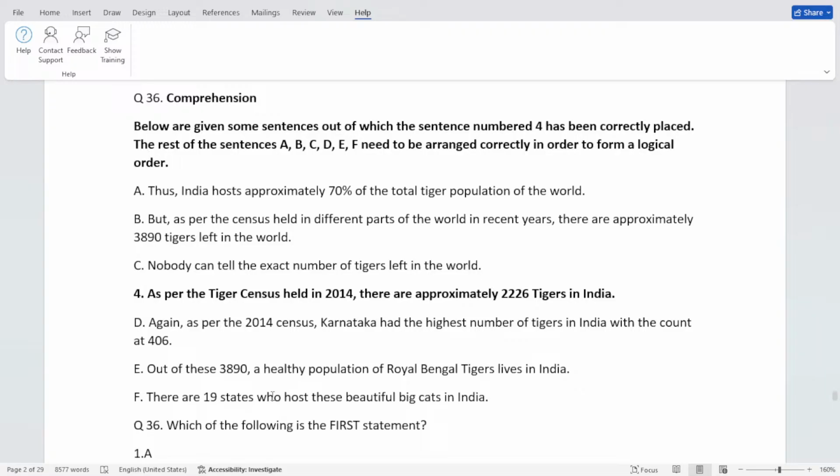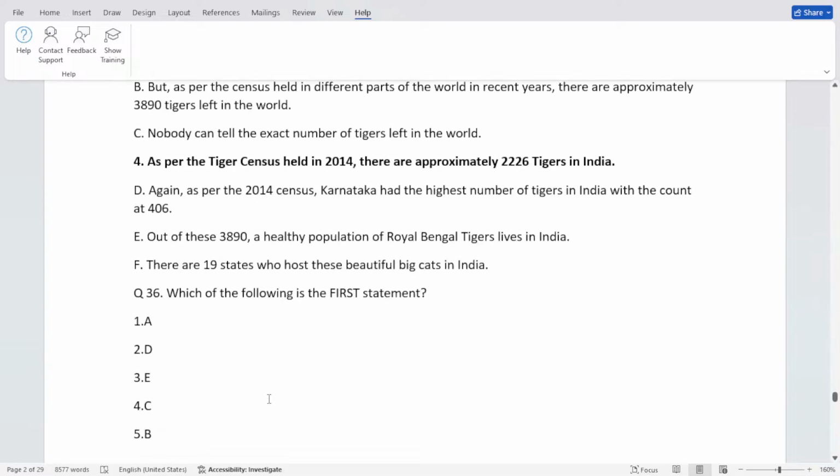Again, as per the 2014 census, Karnataka had the highest number of tigers in India with a count of 406. And out of these, 3,890 healthy population of Royal Bengal tigers lived in India. There are 19 states who host these beautiful big cats in India. So here accordingly, we have to find out the correct first statement.